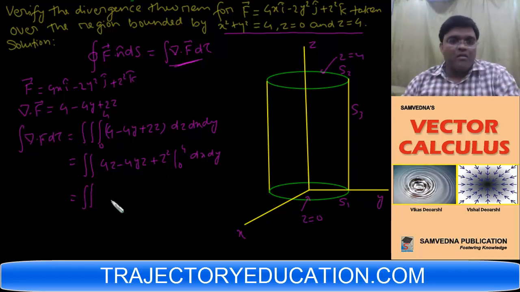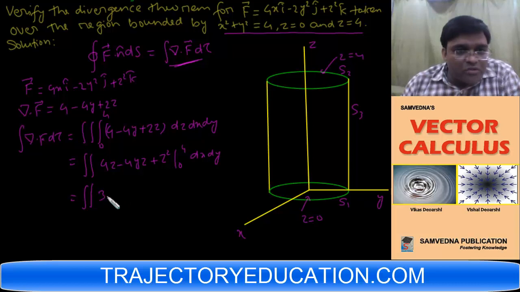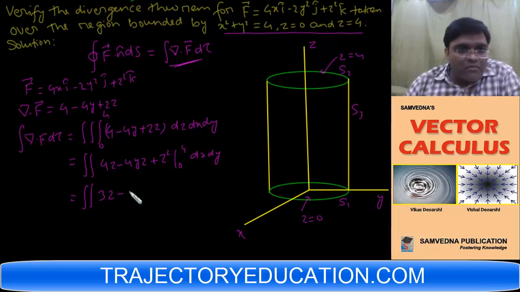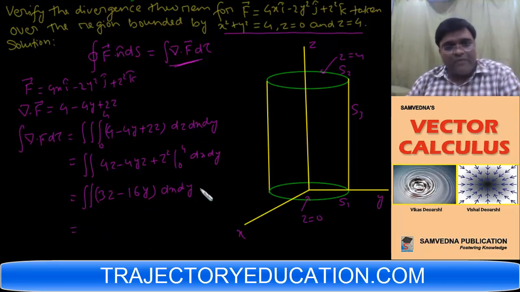This is 32 minus 16y dx dy. So we have integrated with respect to z, and the triple integral converts to a double integral.